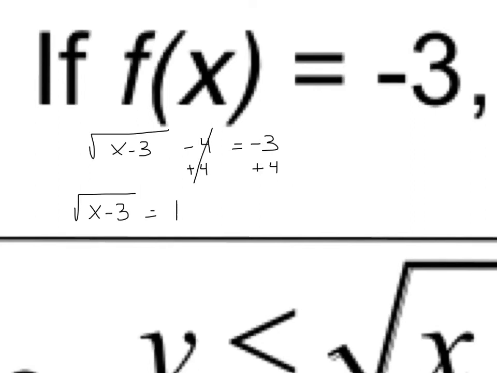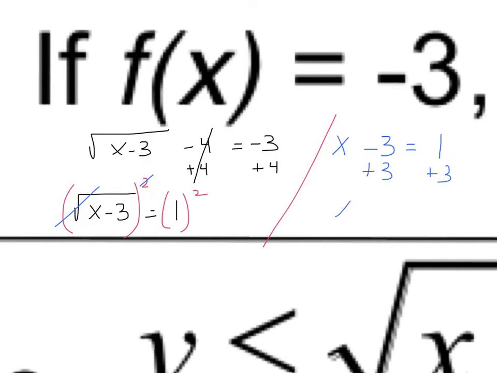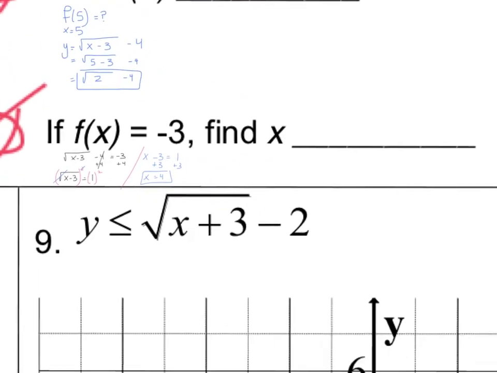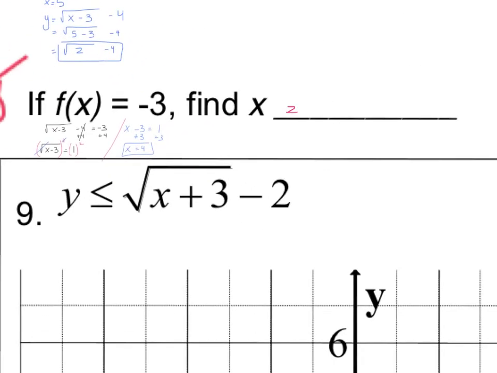Now how can I get rid of the square root? You square both sides. So the square root and the square disappear, so you are left with x minus 3 is equal to 1 squared, which is just a 1. You add 3 to both sides, so x is equal to 1 plus 3, which is a 4. So if f of x is equal to negative 3, x is equal to 4.